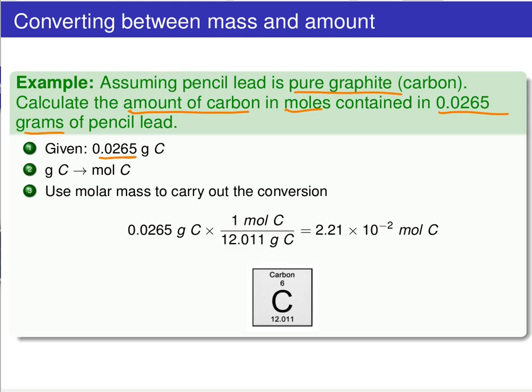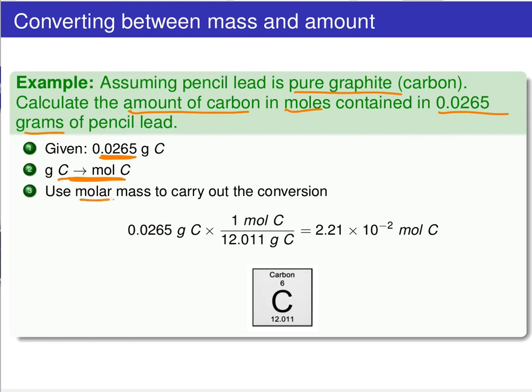We are given a mass of pencil lead, entirely carbon, of 0.0625. Now our goal here is to determine the number of moles of carbon that are present. So our little outline for our problem consists of simply converting grams of carbon to moles of carbon.